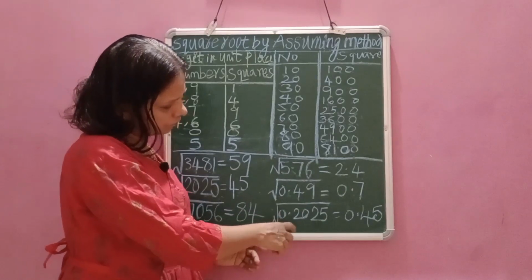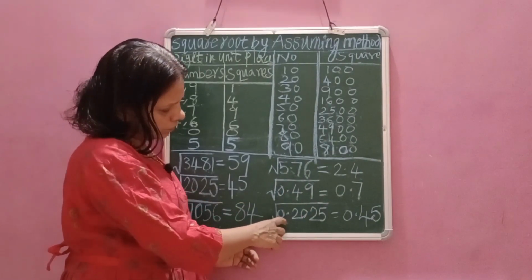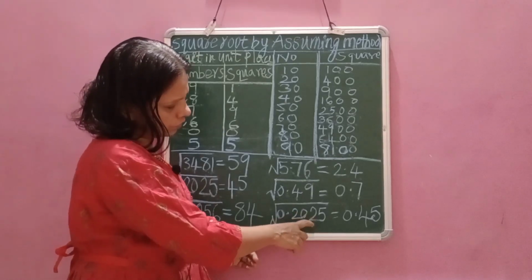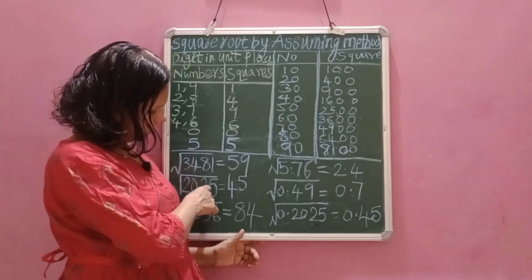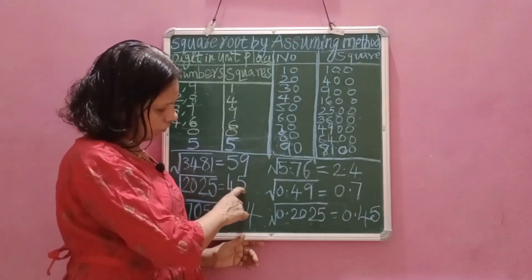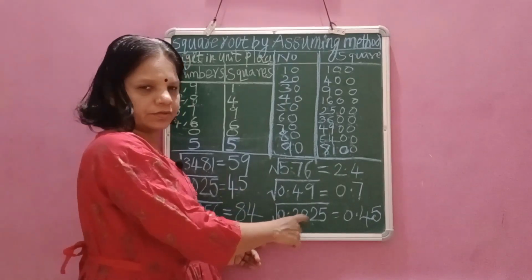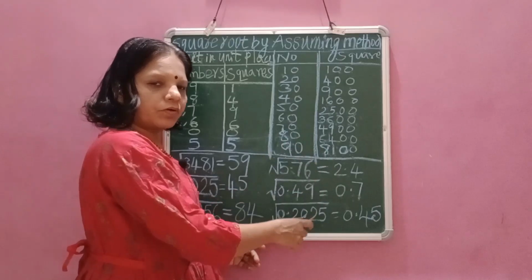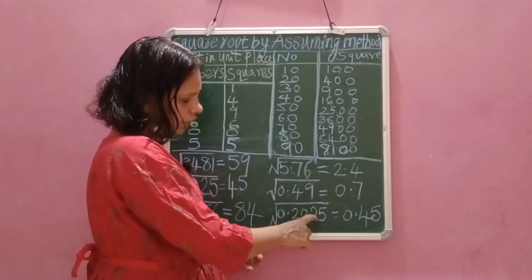Another example, square root of 0.2025. We know that the square root of 2025 is 45. Here how many digits are there after the decimal point, or before how many digits is the decimal point there? 1, 2, 3, 4.